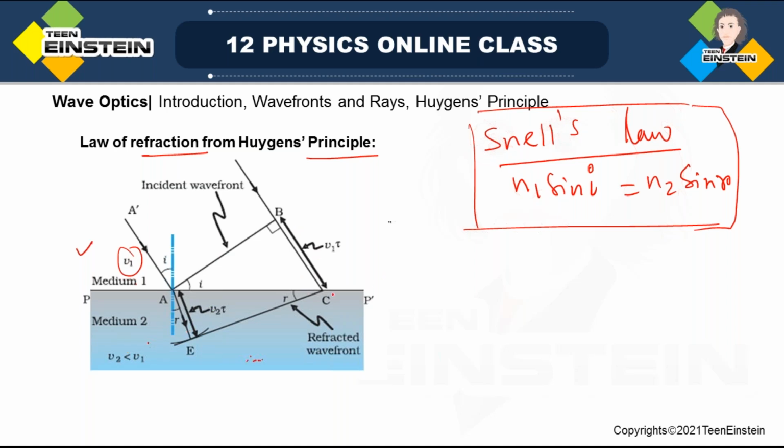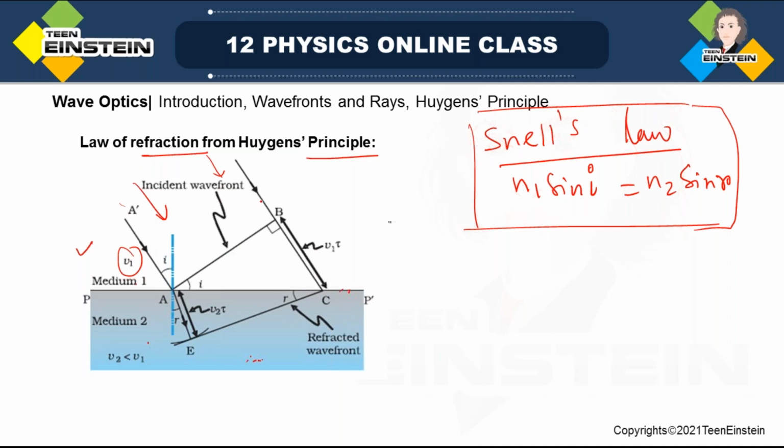And look what we are doing here. This PP prime is the interface. Refraction happens at the interface of two transparent media like air, glass, air, water, air, spirit, etc. So this is the interface. Now I'm taking a wavefront AB, which is traveling from this side.